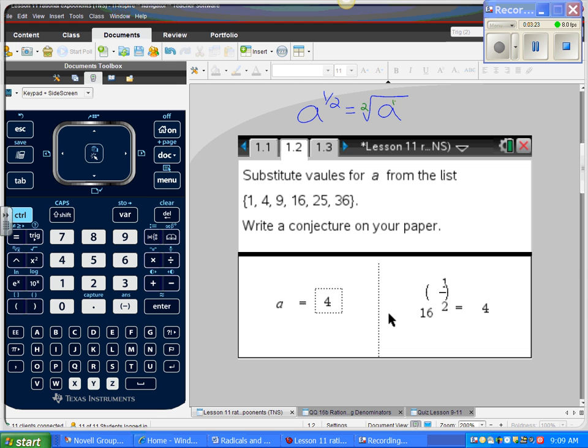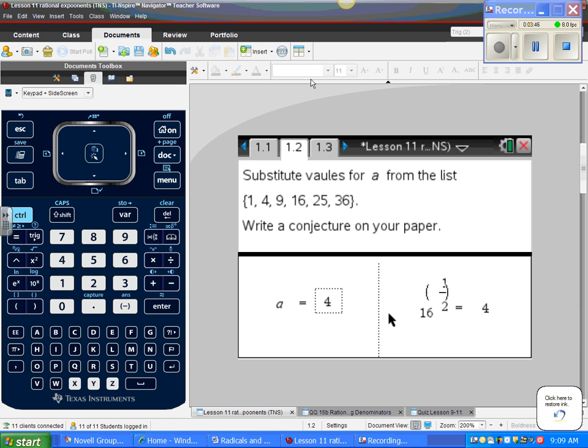Okay, it's in the denominator. Where's the 1? Numerator. So the power is in the numerator. The index is in the denominator. Well, we're going to find out. The index is the denominator, right? The numerator is your power. So we're going to see if that holds true on the next page. Are you ready? Say yes.